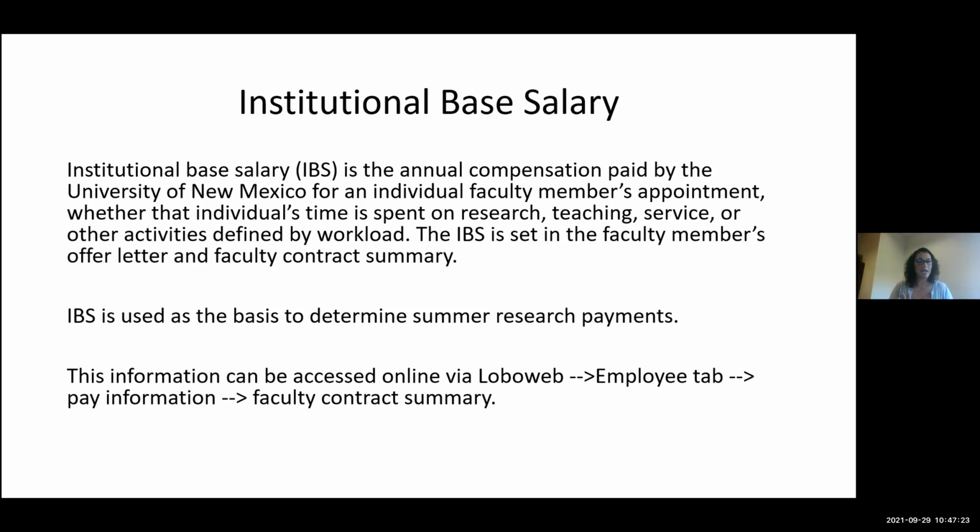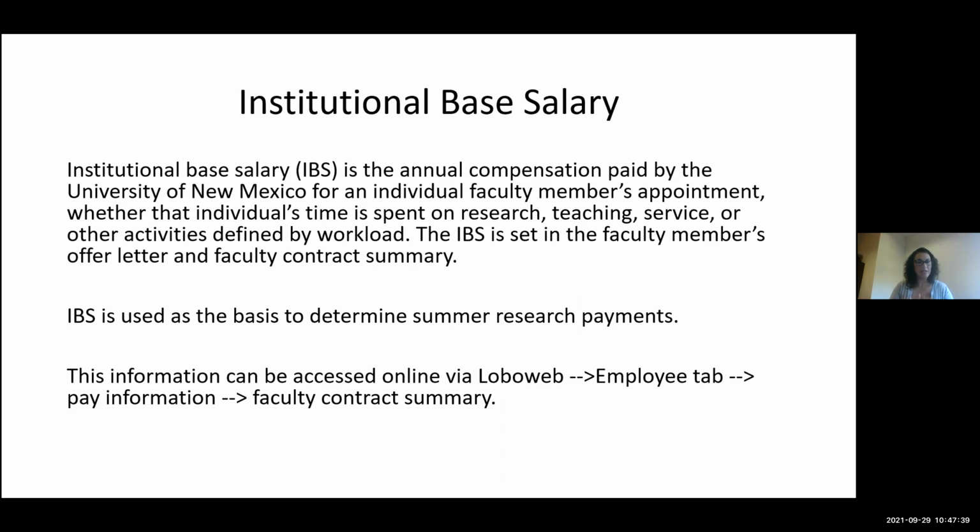Institutional base salary is the annual compensation paid by the University of New Mexico to an individual faculty member's appointment, whether for all components of their work, teaching, research, or service, or other activities as defined by their workload. It's set by their offer letter.